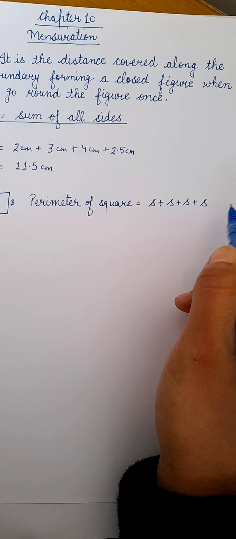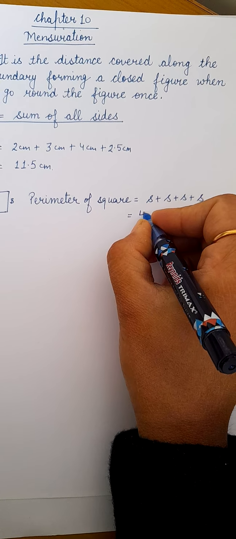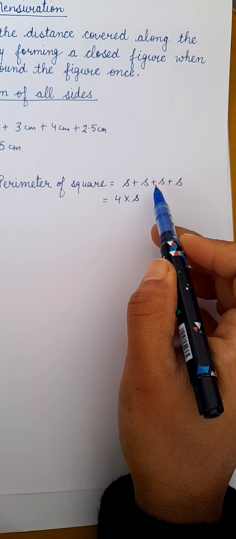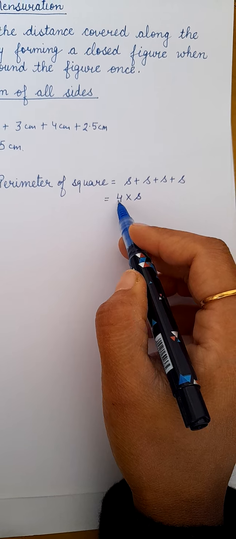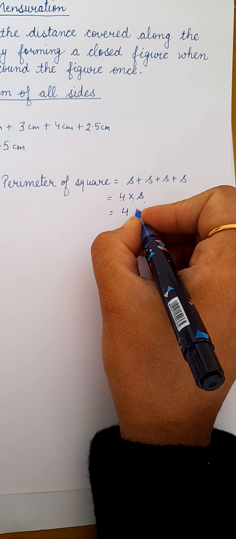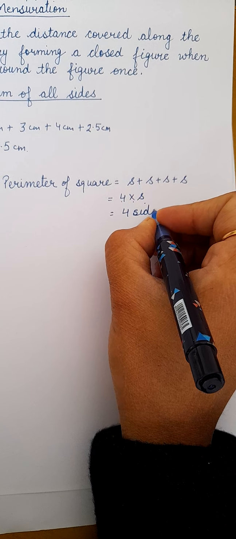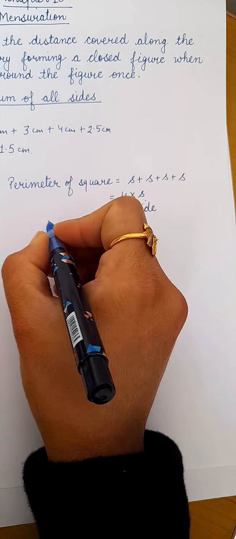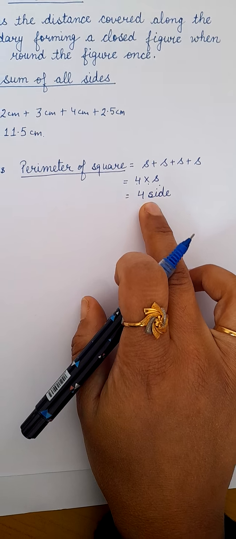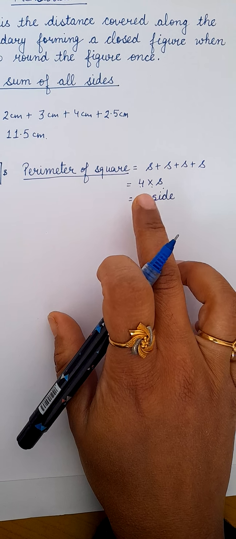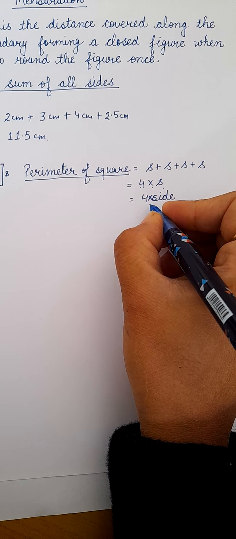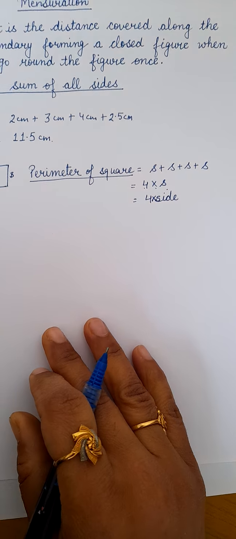It is showing repeated addition, so we can say it is multiplication. s is repeated 4 times, so we can say 4 multiplied by s, or the formula 4 multiplied by side. From here we have learned that perimeter of square is 4 multiplied by side. If no symbol is given, it means it is already multiplication.